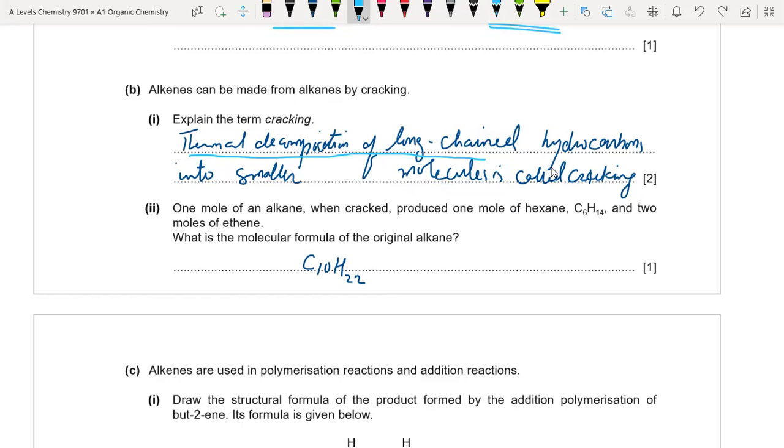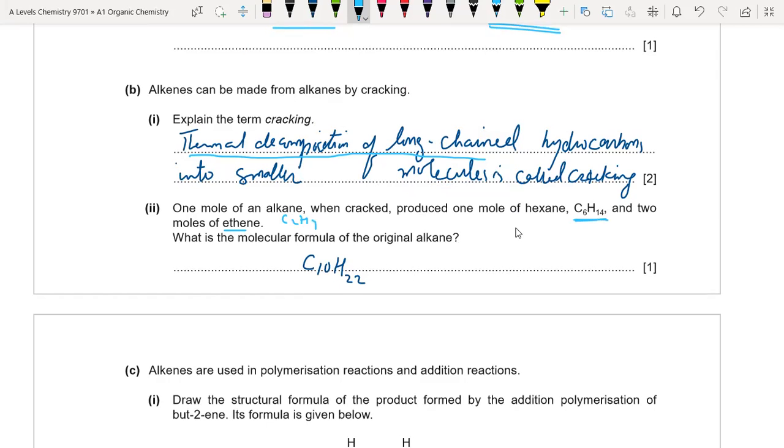Part second, 1 mole of an alkane when cracked produces 1 mole of hexane, that is C6H14, and 2 moles of ethene, C2H4. It means 6 plus 2 plus 2, 10.